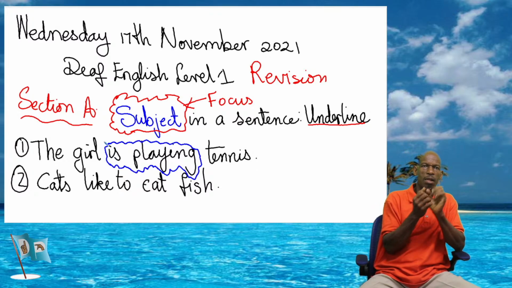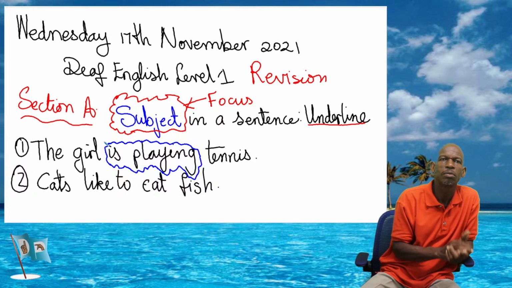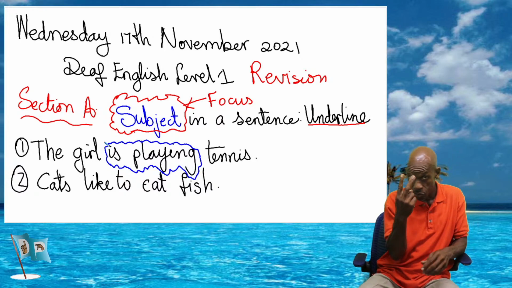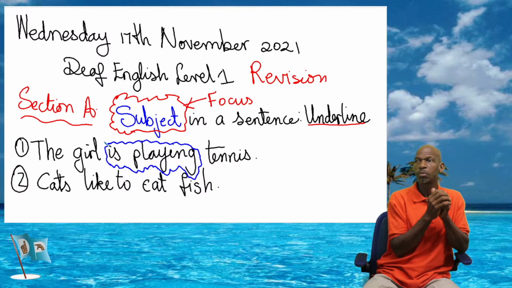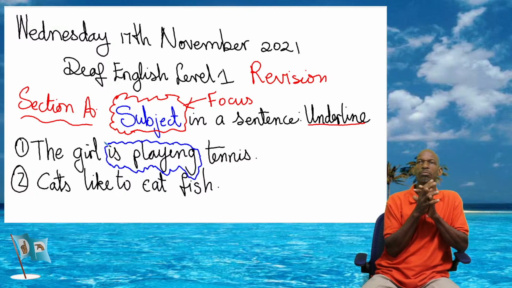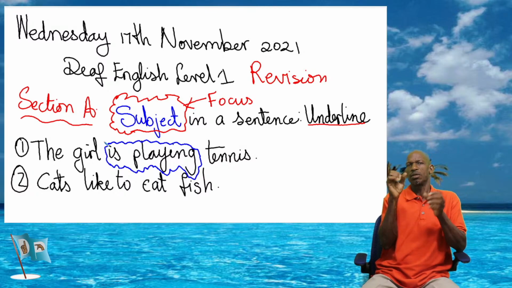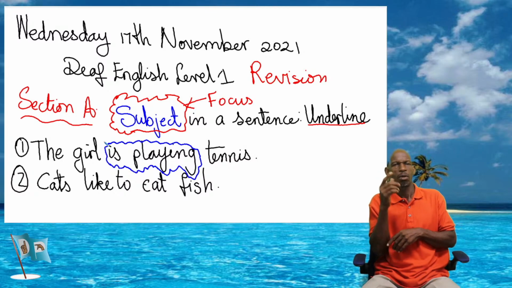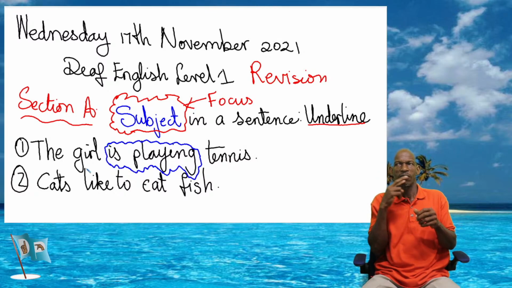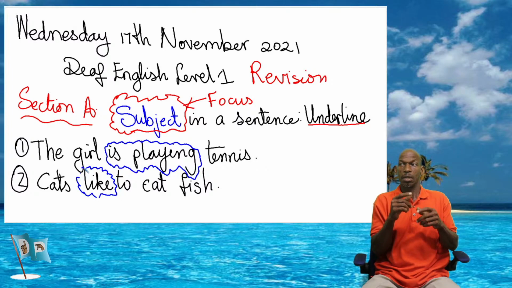Okay, so we are going to the second sentence. In the second sentence, we want to find the subject again. So we're going to identify the verb. The verb is an action word. So I'm circling the verb. The verb in the sentence here is the word like. So like is the verb.